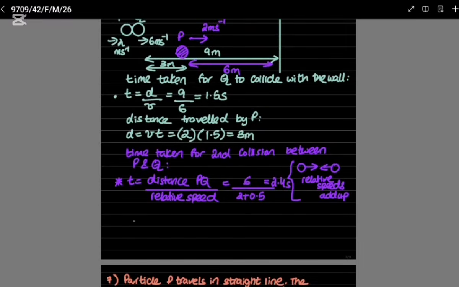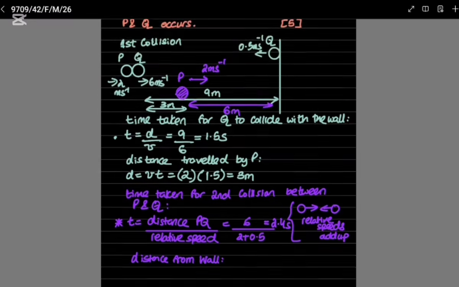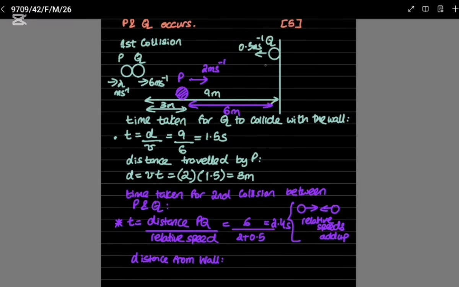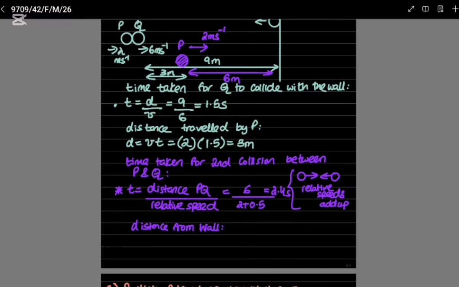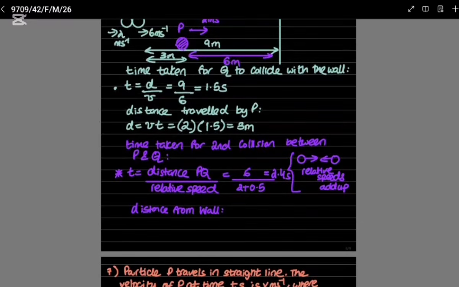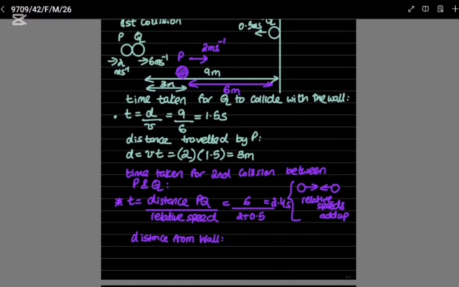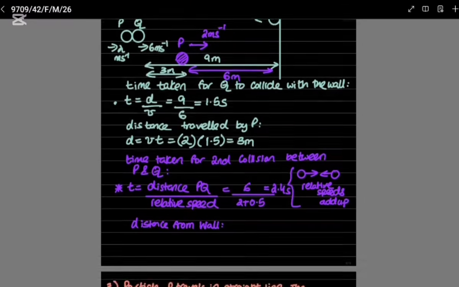Now we can find the distance from the wall. It's easier to use Q because Q is already next to the wall, okay. So we can find it using Q. You can also find it using P, okay. So I will use Q because it's already relative to the wall, okay.